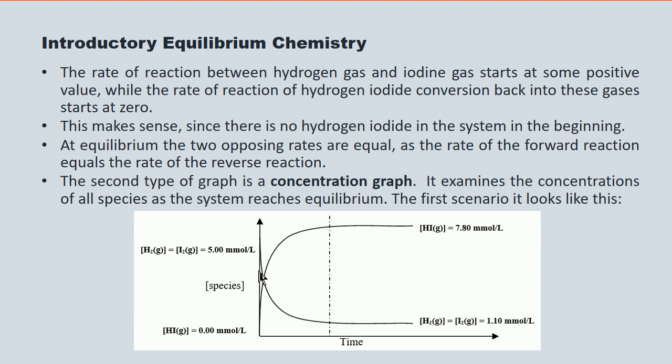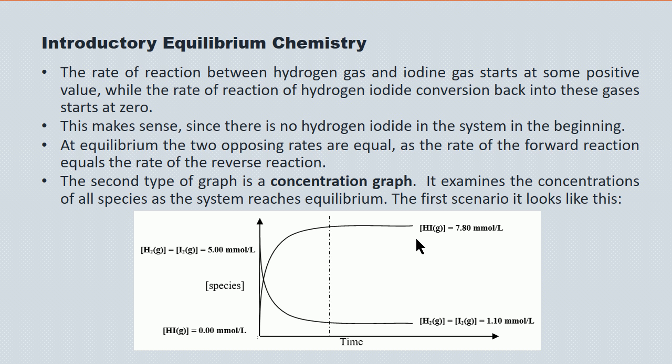Ultimately, the rate at which the reactants of the forward direction disappear slows, and the rate at which the products of the forward reaction are being produced slows. And we reach a situation where their relative concentrations are no longer changing. So this vertical dashed line is the system reaching dynamic equilibrium. And as we go forward, the relative concentrations of the species remain constant. Now, the important piece here is equilibrium is not about equal concentrations.